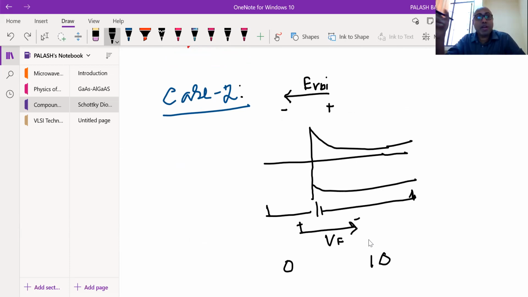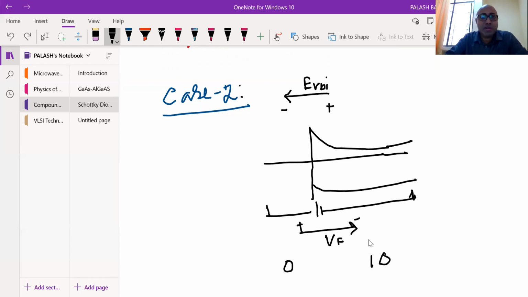So you are connecting the negative terminal to n and the other side to 0, or you are doing it the other way. If you want to make it forward bias, you connect 0 to the negative terminal, and positive to your p-type semiconductor. That's what you are doing. So the relative potential matters there, not the absolute value.